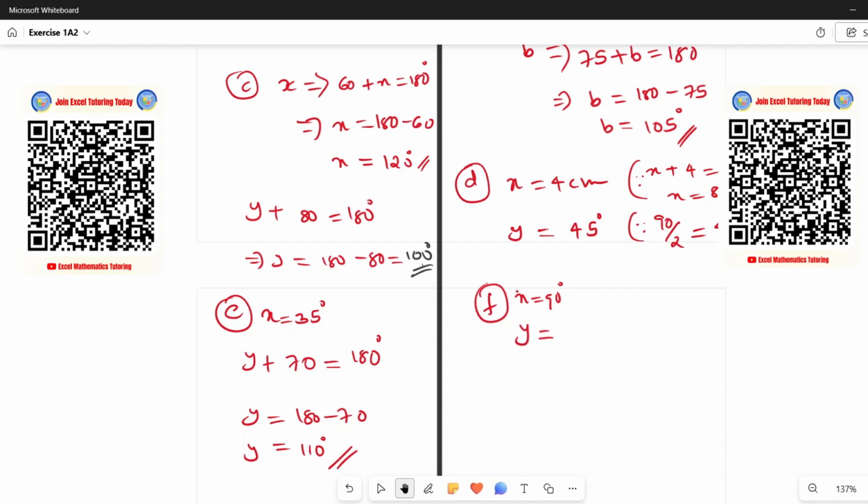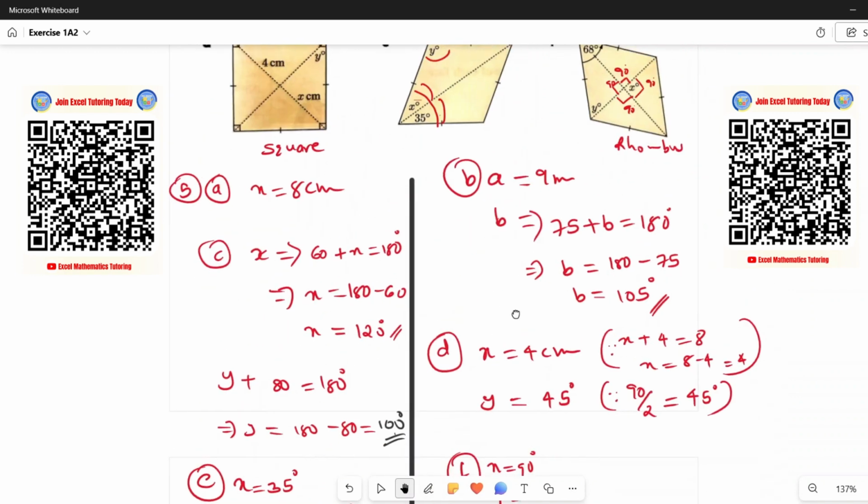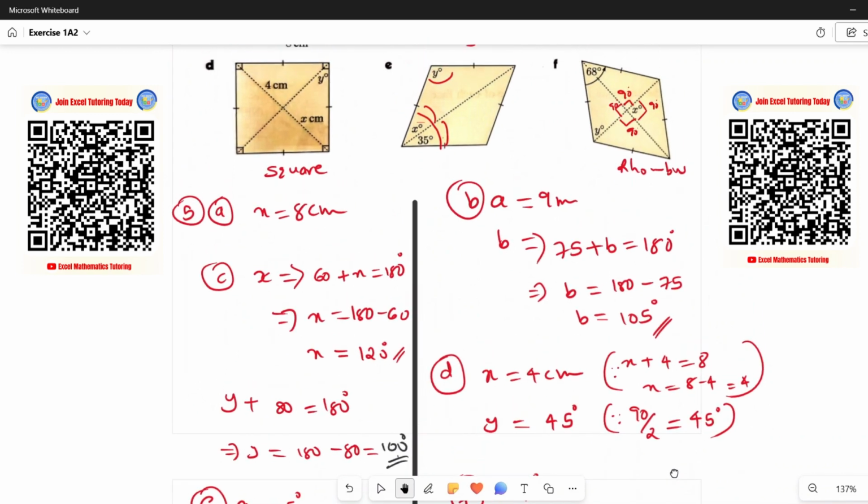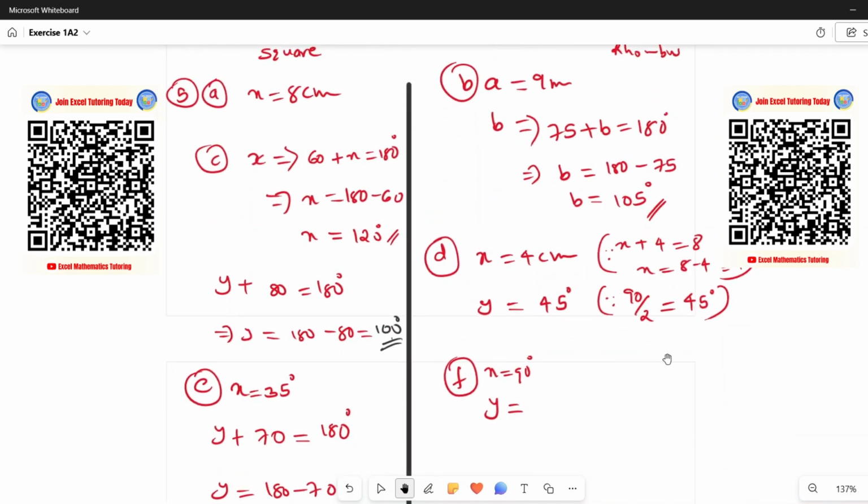Now the y value. We need to find the value of y here. Again we know supplementary co-interior angles and diagonals of a rhombus bisect the angle at each vertex. So how do we find the value of y here?